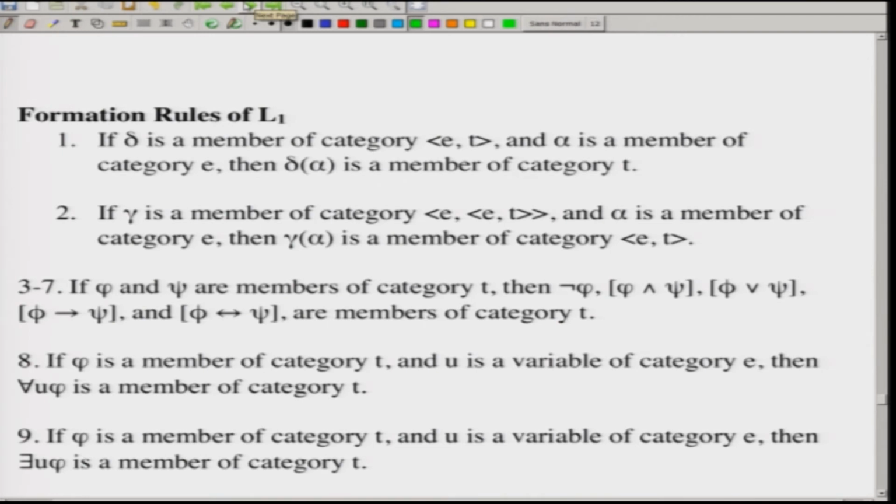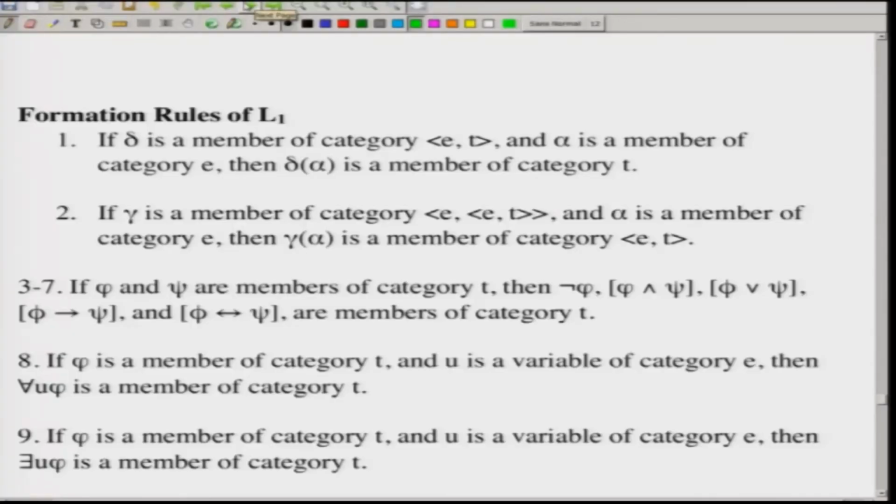Since we have limited types here, we don't have anything else. We can easily see how it works, because the type theoretical language L type is slightly abstract. So, we need to start with something solid and then go to the abstract thing. So, to start with, we go for this.